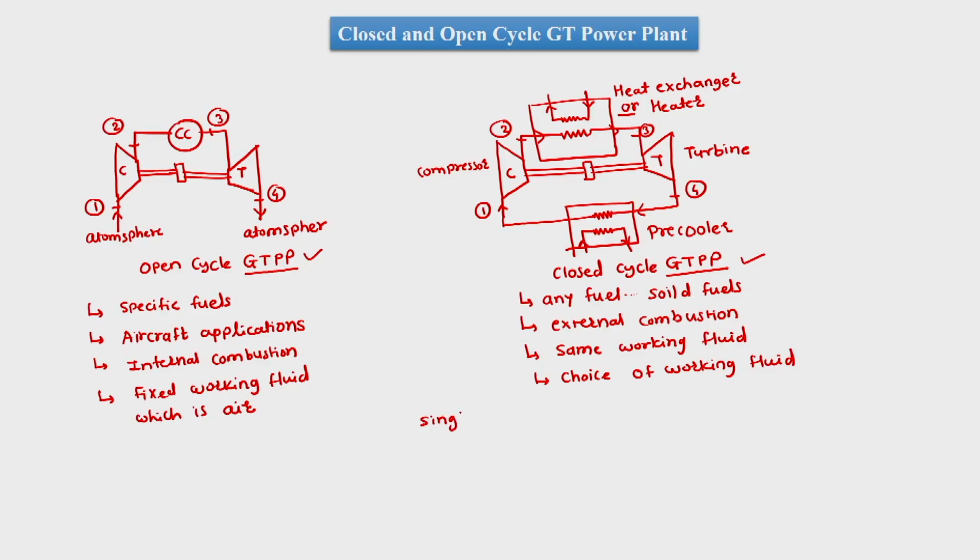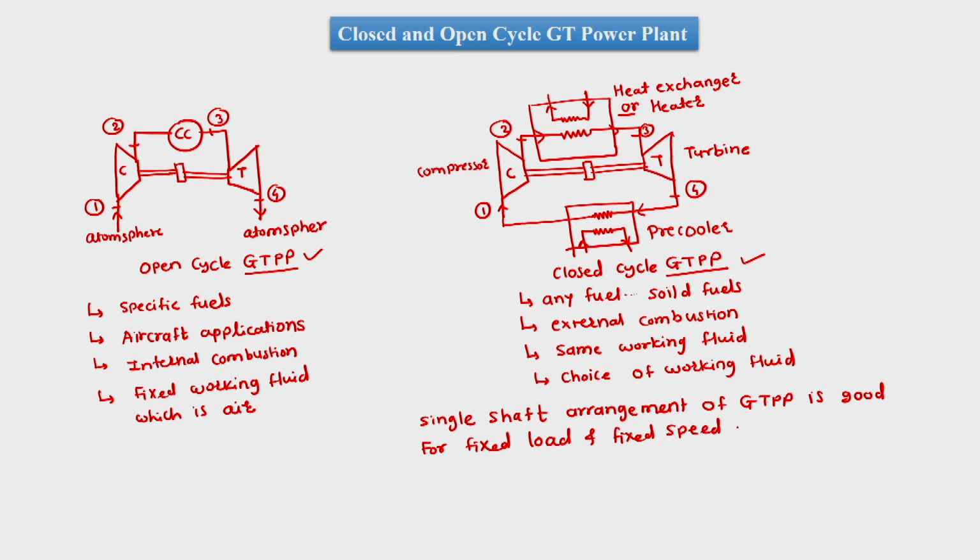So a single shaft arrangement of a gas turbine power plant is good for fixed load and fixed speed applications like power generation, base load power generation. So these are the two basic arrangements of a gas turbine power plant.